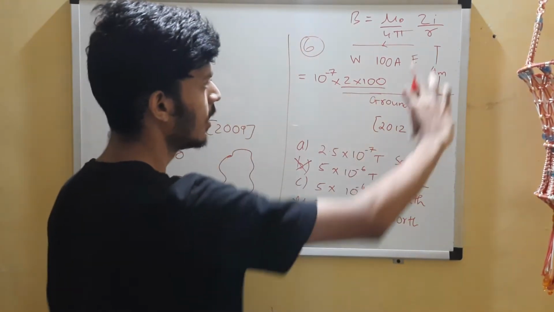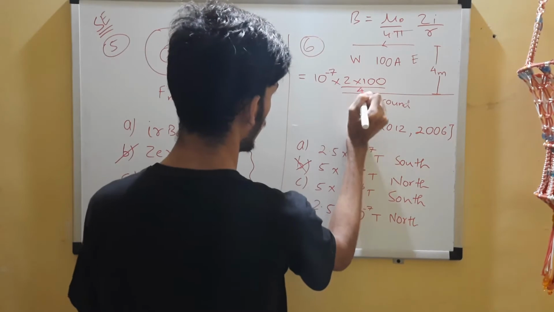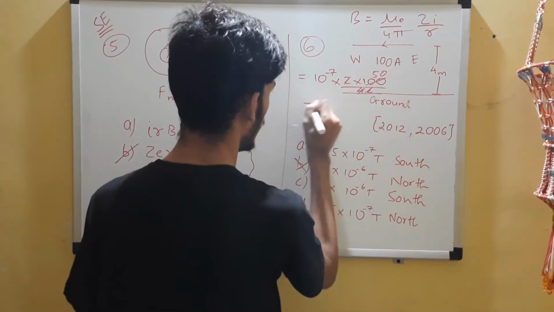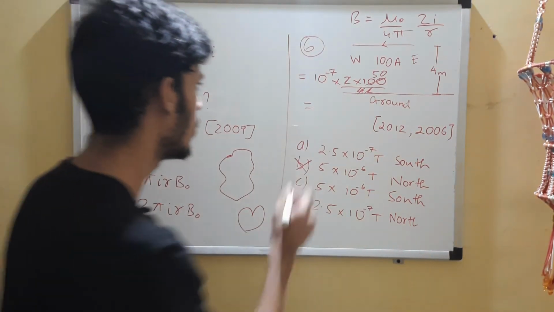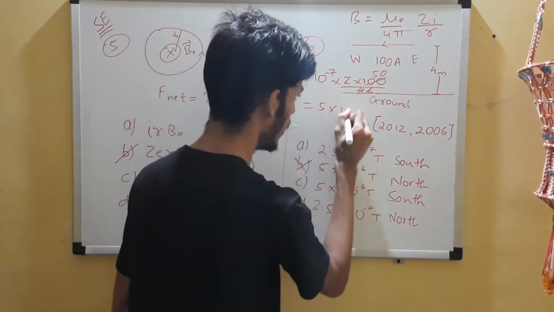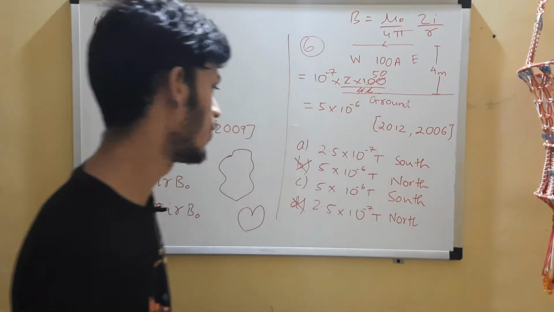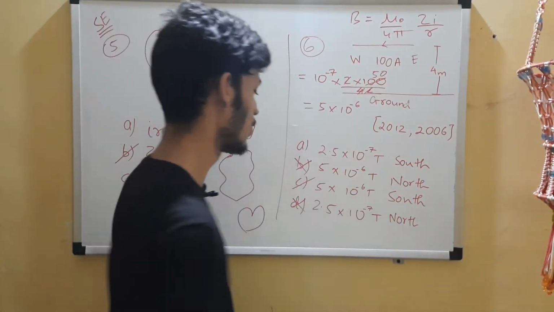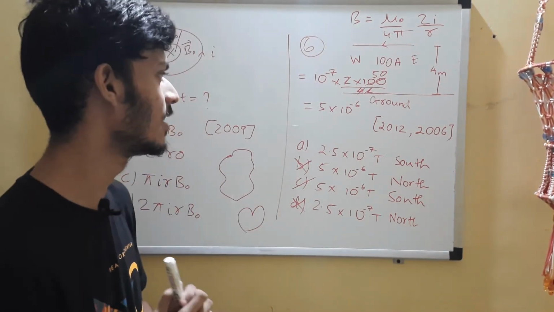R is the perpendicular distance, which is 4 meters over here. So 2 2s are 4, 2 50s are 100. So 50 into 10 to the power minus 7, or I can write it as 5 into 10 to the power minus 6 Tesla south is the correct choice over here. So option C is the correct choice.